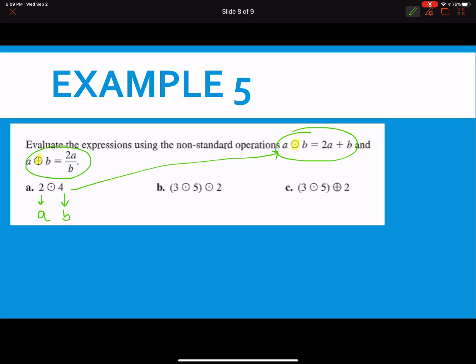And then I'm going to use this second part as my expression. So I'm simply going to substitute a 2 in place of the A and a 4 in place of the B. And you can put parentheses around that if you need to. Go ahead and solve this multiplication. And we have 4 plus 4 equals 8.